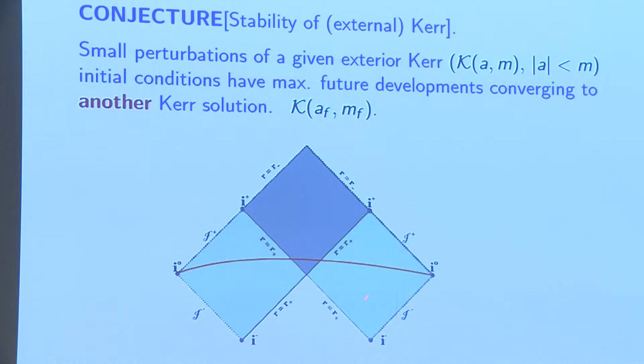In other words, I develop the solution as far as I can, which converges to another Kerr solution. So in particular, it will be complete in this direction, and it will look asymptotically like a Kerr solution, but maybe a different one. In other words, I can start with a and M, and the final states will be different from this. Which leads again to many other difficulties, as we know. Whenever you have these kinds of situations, you have to do careful analysis.